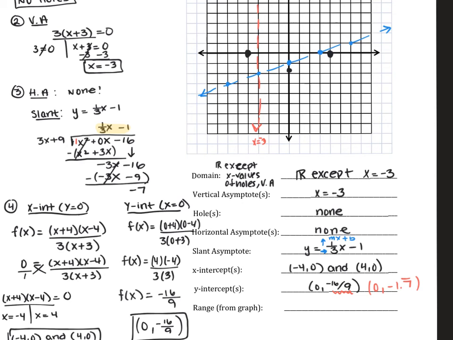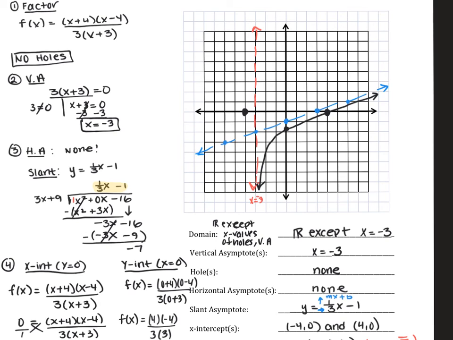And you can kind of see now that these 2 points have to connect, and these asymptotes are going to contain it. So you probably can estimate that this branch of my rational function is going to look something like this. And you can even surmise that this branch is going to be contained between these two asymptotes.